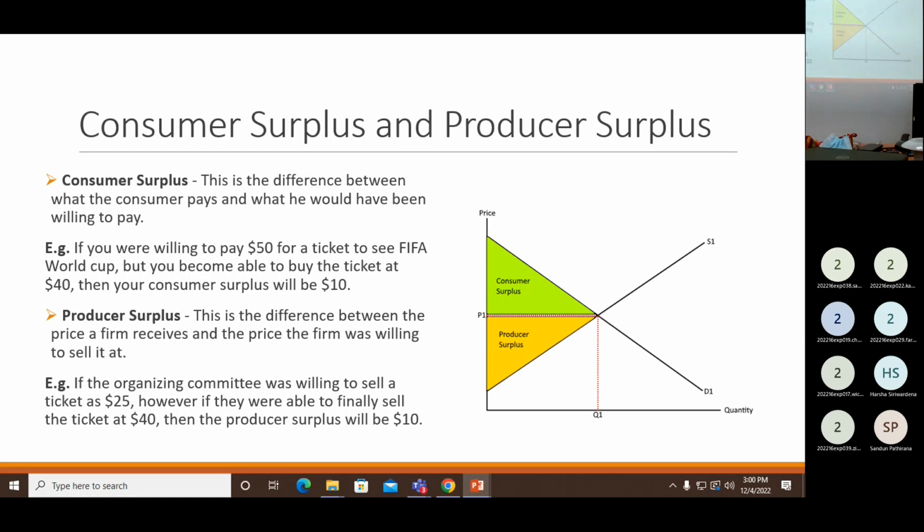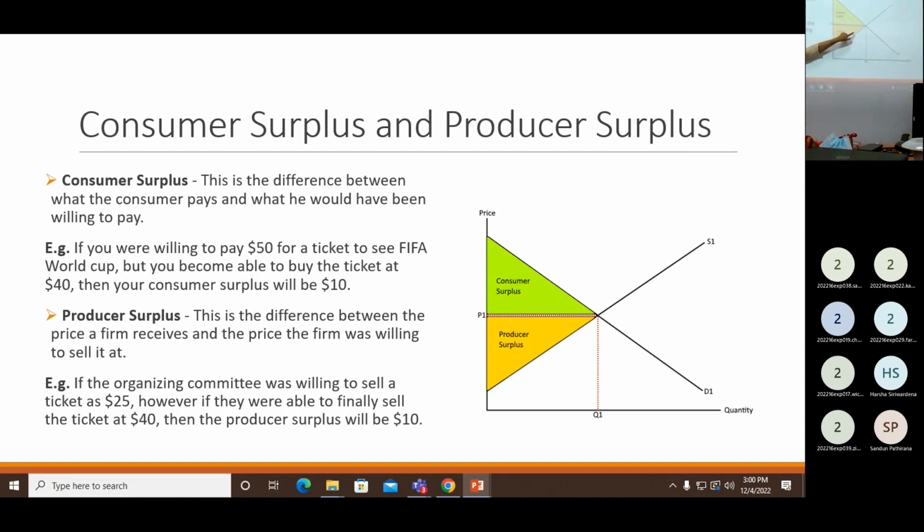If you're a supplier or a producer, you will start producing the product. So there's a cost of production. You initially think, at least I should recover the cost of production. Anything above that is my profit margin. So that is the price at which they think, at least to cover the cost of production, this is the price.